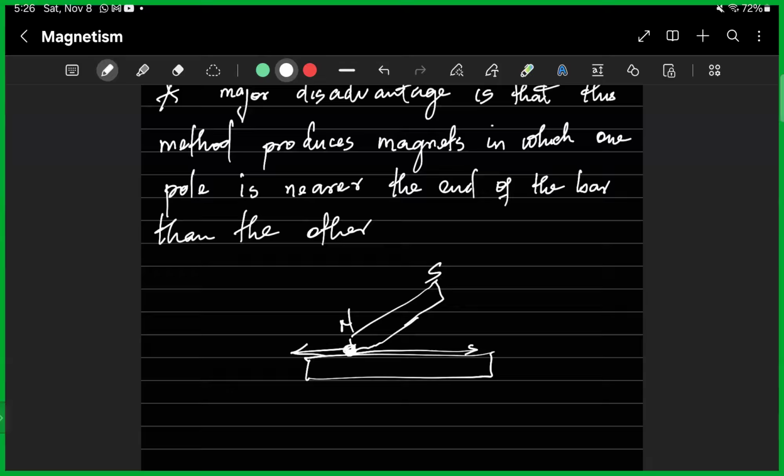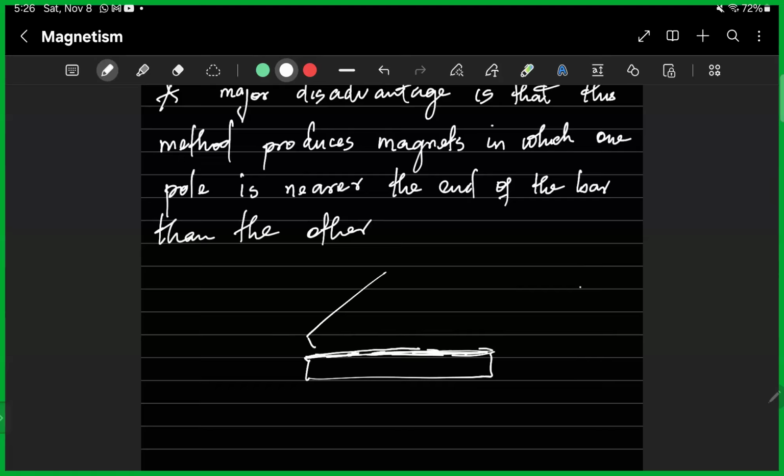That means we're not free to move it back and forth. So let me re-establish my diagram. If I start from here, this is my steel bar.